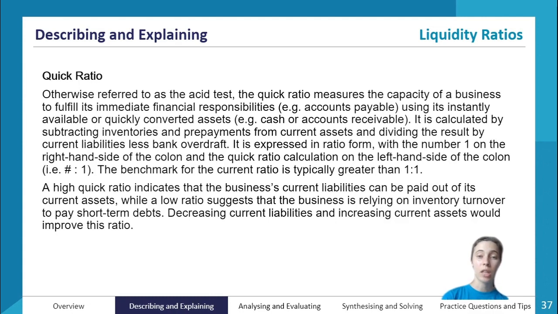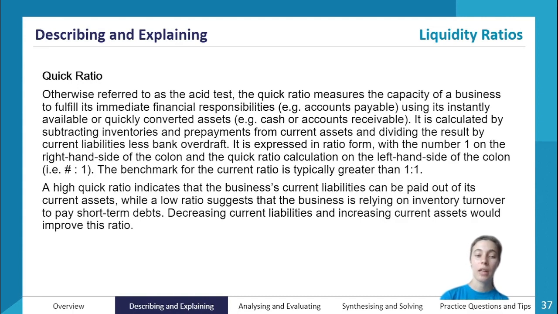These are either instantly available, like cash in hand or cash at bank, where the business already has that money that they can use, or quickly converted assets. For example, accounts receivable has to be converted. The business has to get that money from the accounts receivable before it can then use it.